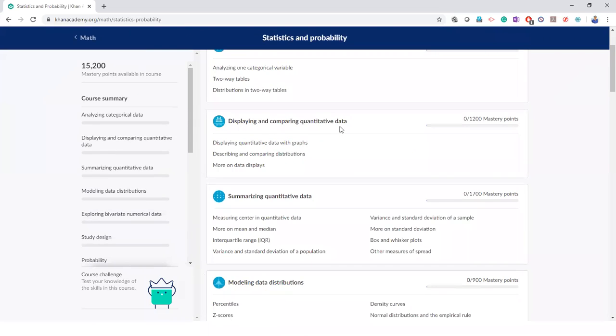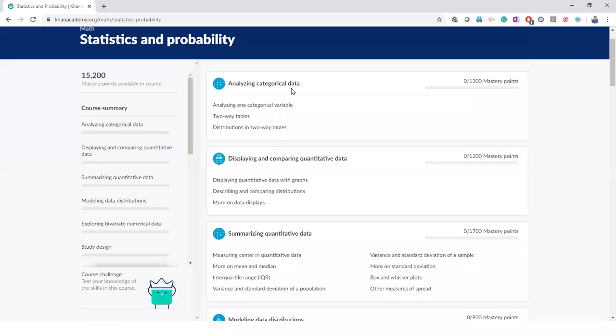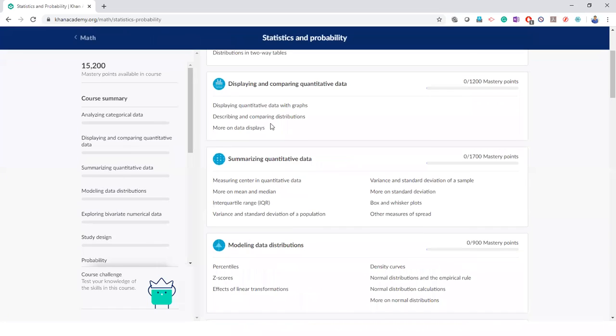Quantitative data would be something related to a continuous variable, like the price of an airline ticket, or a height or a weight. The previous chapter was talking about categorical data. The other type of data is quantitative data. The same thing is described over here for quantitative data. Then we go to summarizing quantitative data.